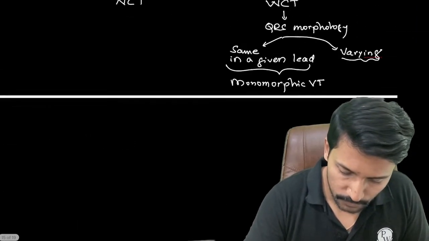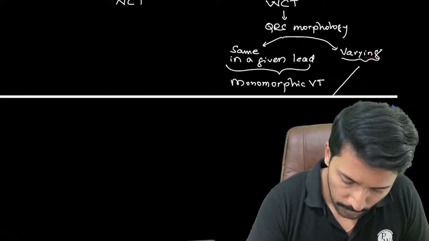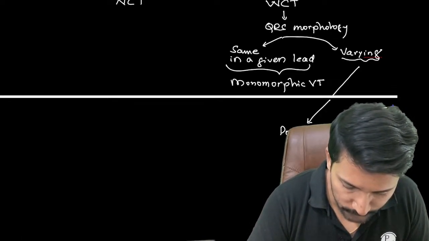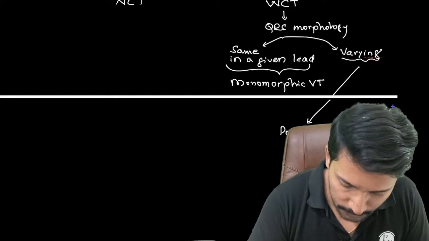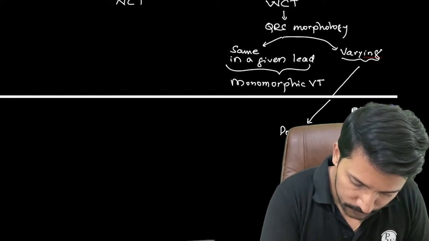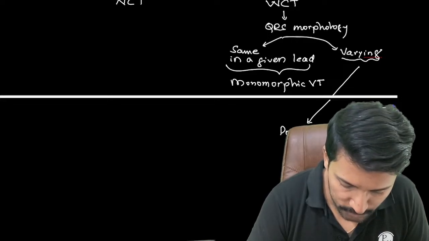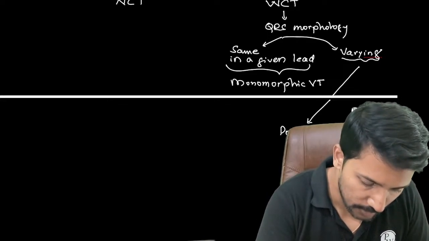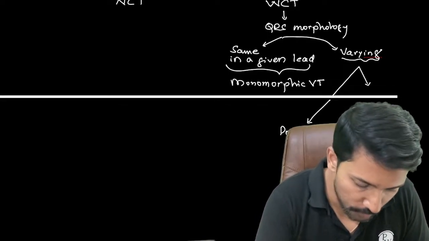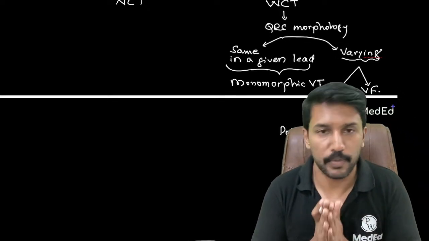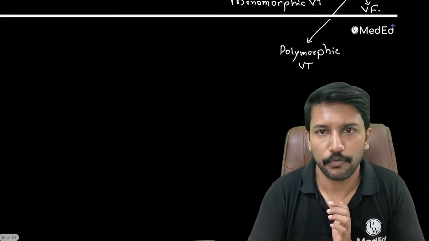One of them is going to be polymorphic VT, ventricular tachycardia itself, but with varying QRS morphology, we will call it polymorphic VT. And the second possibility is it could be ventricular fibrillation.